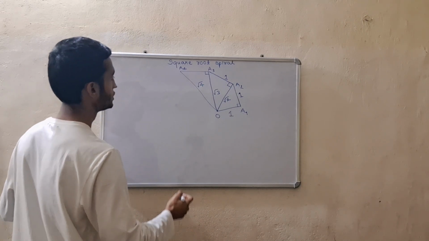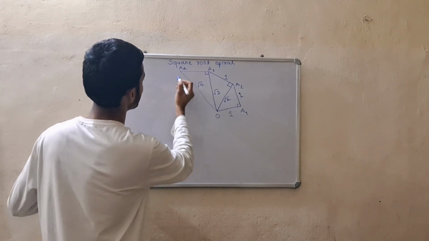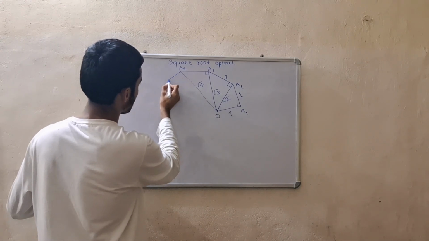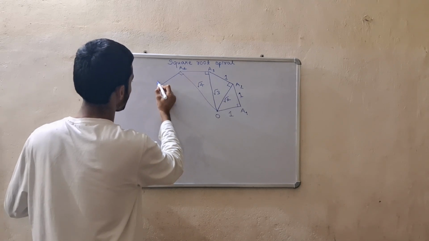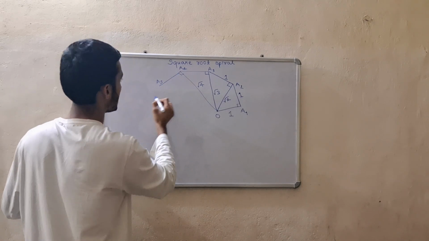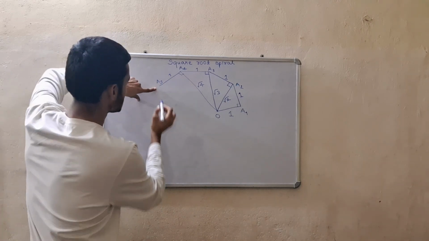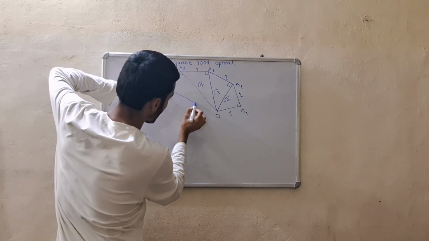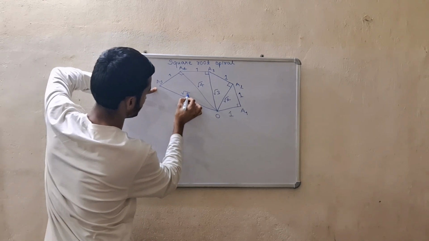And then you do it again as before. So you draw another line segment perpendicular to OA4 and call it A4A5, and this is also of unit length. And then you get this hypotenuse which measures square root of 5.